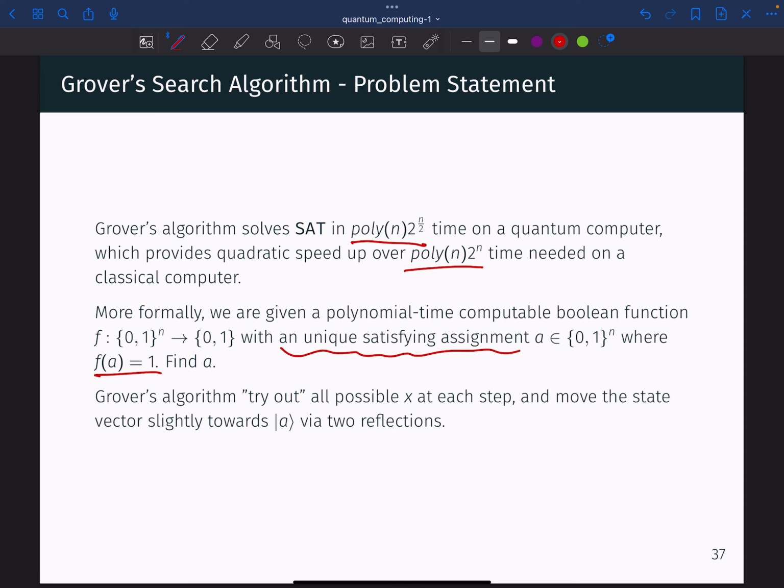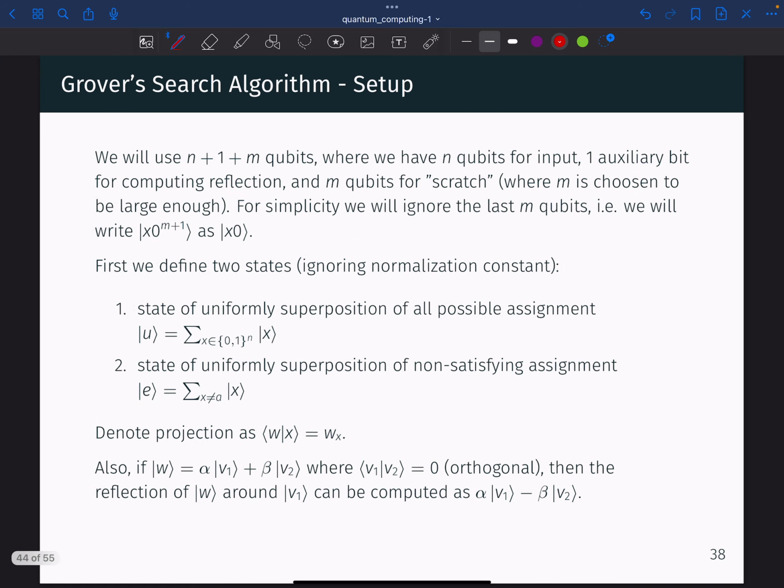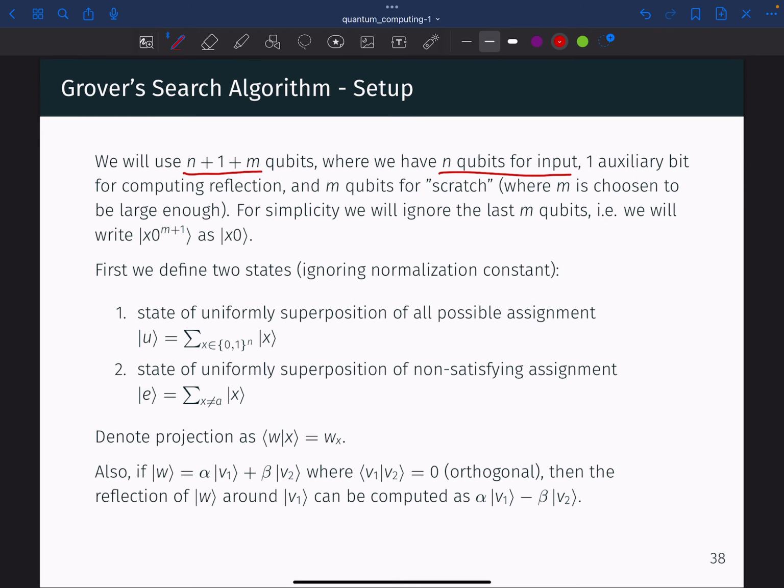Okay, let's see how this works. Let's set up our calculation here. We'll be using n plus 1 plus n qubits, where the first n bits are for the input. We'll need 1 auxiliary bit for computing the first reflection. And as before, we'll need some scratch space.